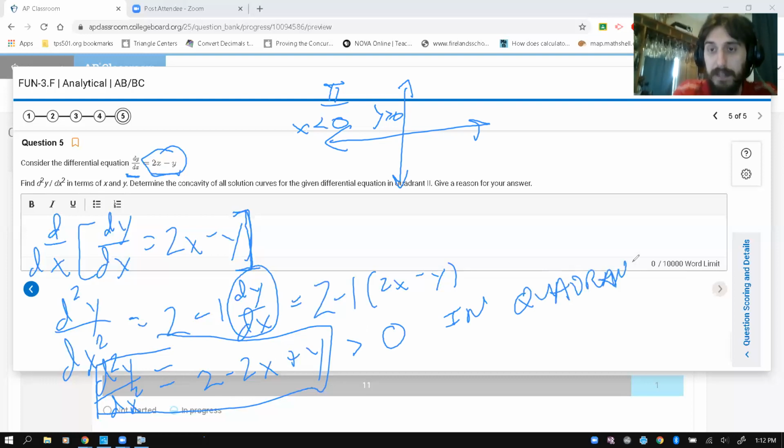Because if x is negative, then negative 2 times negative x is going to become positive, and y is positive. It's impossible for this not to be positive. So since the second derivative is greater than 0 in quadrant 2, it is concave up for all points in quadrant 2.